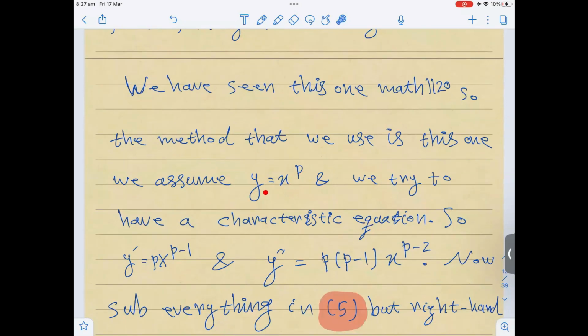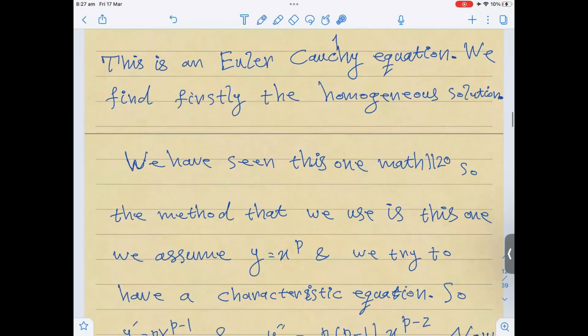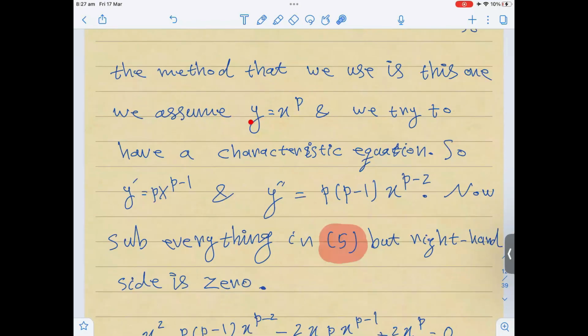You need to mention, as I said, you can write or memorize the u1 prime and u2 prime in the cheat sheet, but you shouldn't use a formula for the Euler-Cauchy equation. You should say that, okay, I will use this substitution, y equals x to the p. So y prime is this one and y double prime is this one.